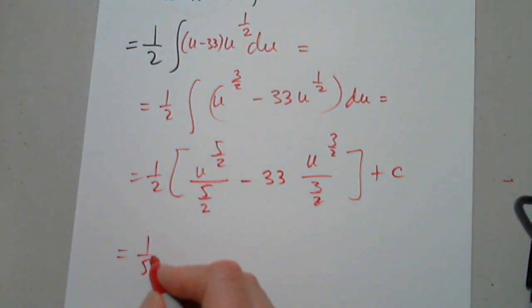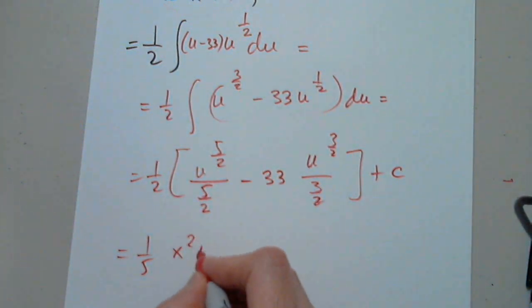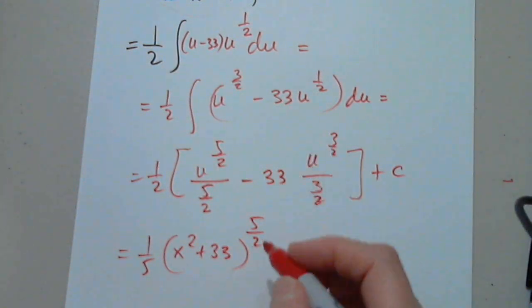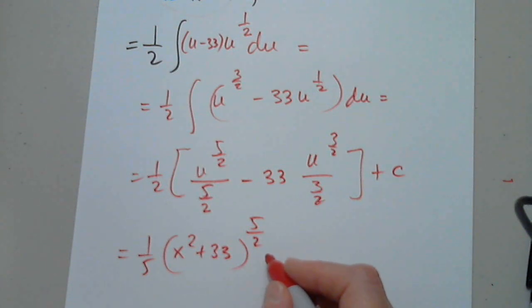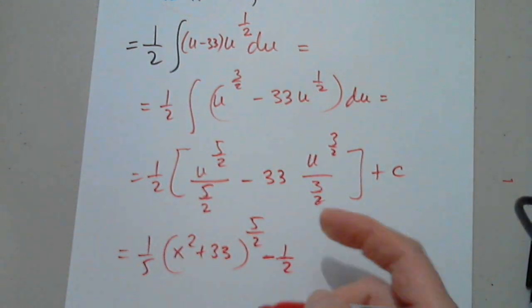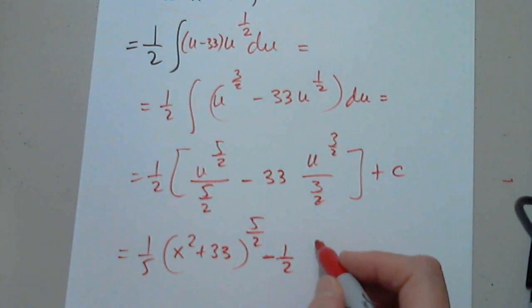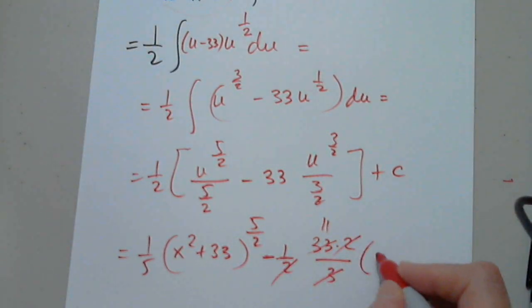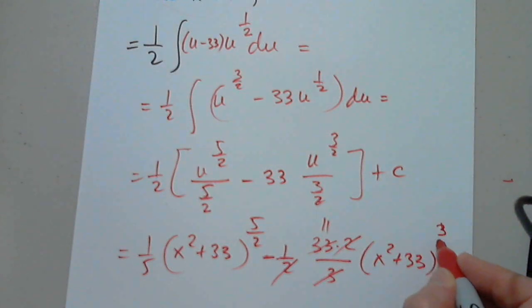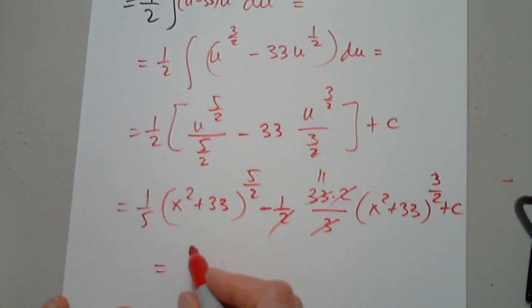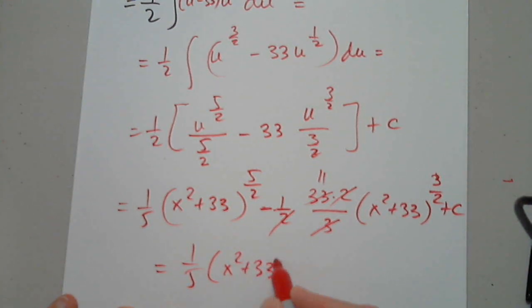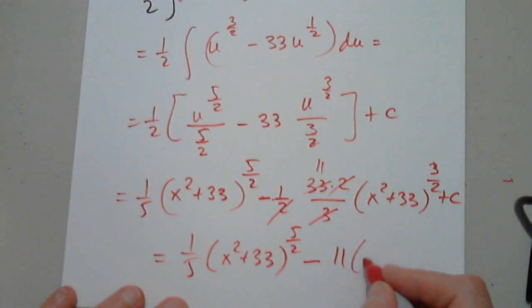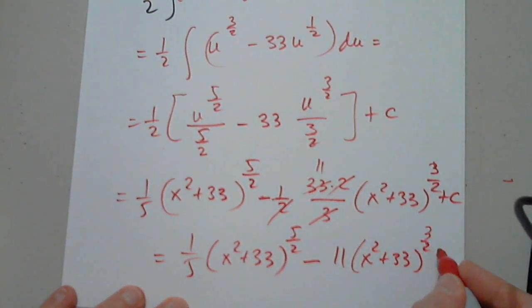So when I flip, I get 1/5 u, now I have to go back to x squared plus 33 to 5/2. I flip, so I get the 1/2 in front, so minus 1/2. And this will be 33 times 2 over 3. And x squared plus 33 to 3/2 plus a constant c. So 1/5 x squared plus 33 to 5/2 minus 11 x squared plus 33 to 3/2 plus a constant c.